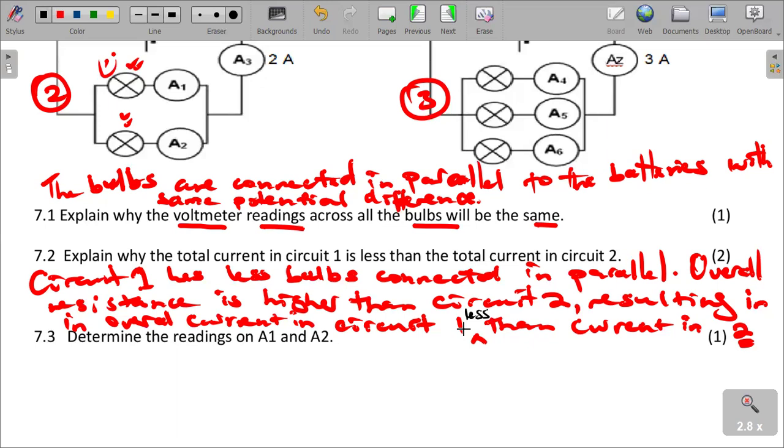So determine the readings on ammeter 1 and ammeter 2, number 7.3. We just want to see what's the reading on ammeter 1 and ammeter 2.